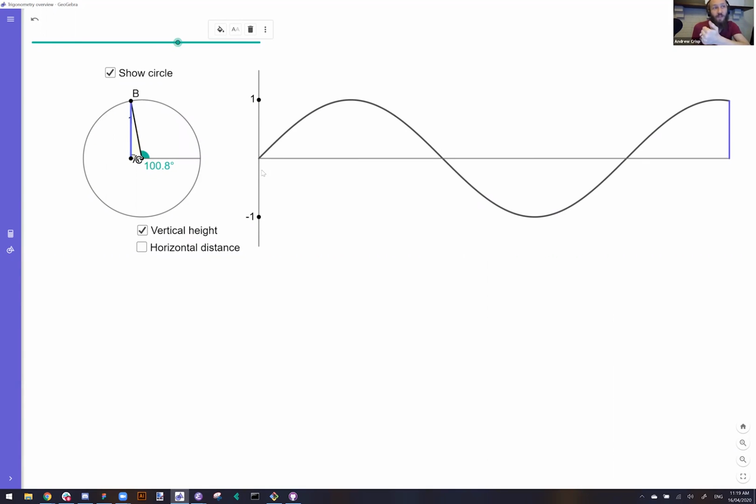Things like the amount of sunlight that is outside. It goes up, and then it goes to 0, and then it goes up. Something like the tides. They repeat themselves over and over again. So it's not just shapes that triangles help us understand.